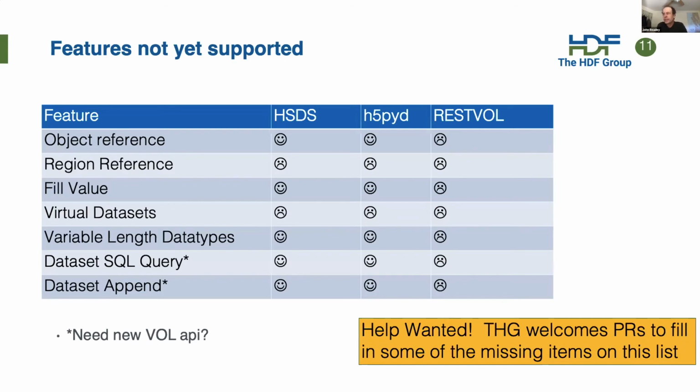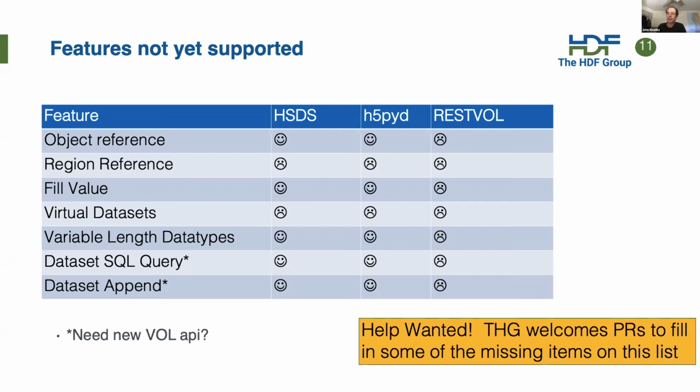The feature support is rather good, I think, for the RESTful VOL, but there are a few things that are not yet supported. I wanted to lay out things that are supported in HSDS but not the RESTful VOL, and also things that are supported in, say, H5PD, but maybe not the RESTful VOL. Object references are supported in HSDS and H5PD, but not in the RESTful VOL. Region references are not yet supported in HSDS or H5PD or RESTful.